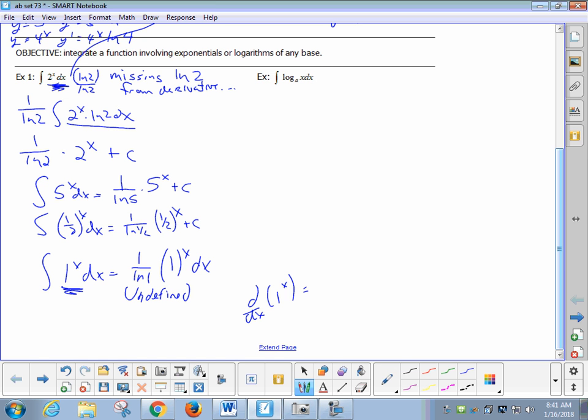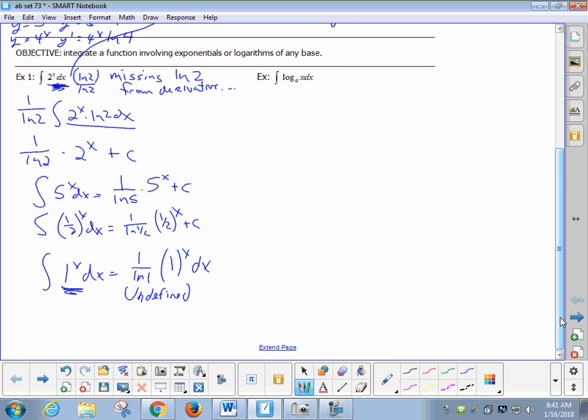Yeah, exactly. If you think of 1 to the x, it has no rate of change. Basically, it's always 1 no matter what the power. And so this is 0. So it would make sense then that there is nothing that makes that derivative, so it has no antiderivative. That's kind of fun. Interesting.